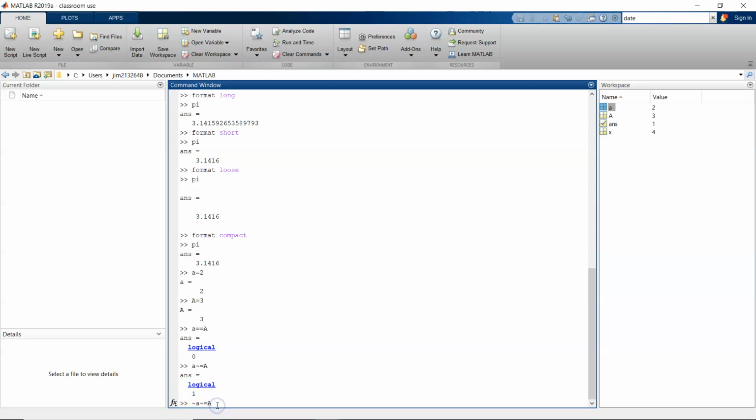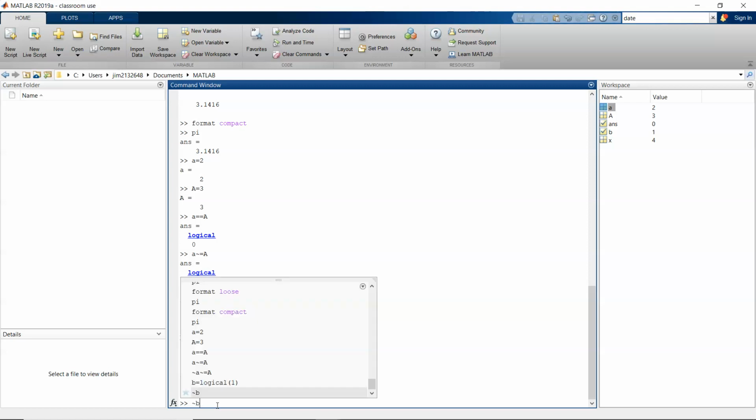It's reading logic. It takes a little getting used to reading logic. Wait a minute. Okay. B equals, so I'm making a logical variable B. Okay, when you negate B, you get what you expect.